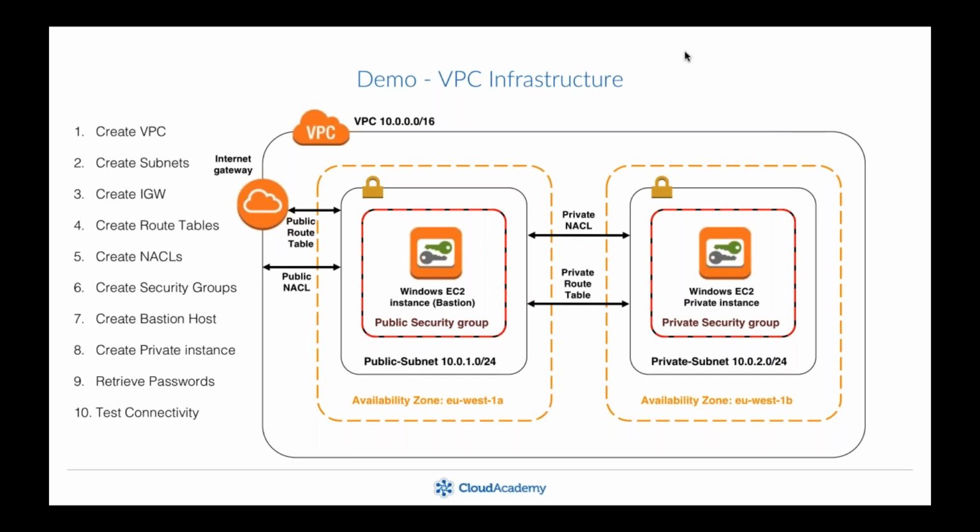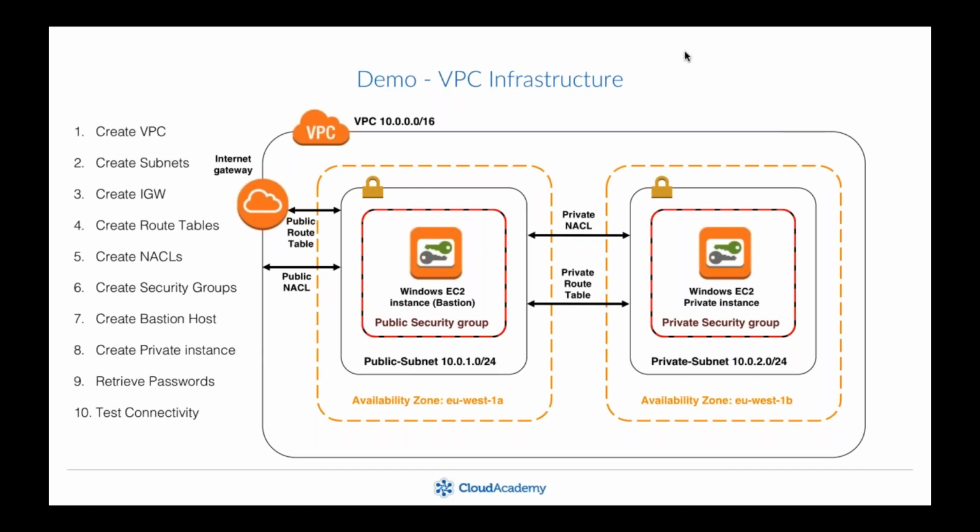Got a question here with regards to what a Bastion host is. Hopefully it's a little clearer after that demonstration. But it's essentially a hardened box, an instance that will sit within your public subnet and allow external people to connect to that box via SSH or RDP or any other secure means.